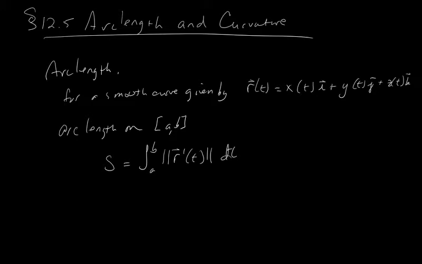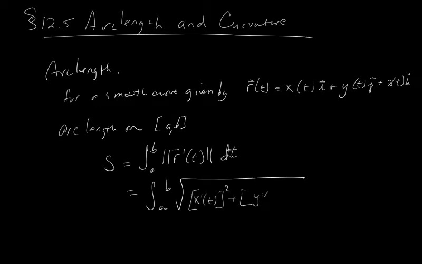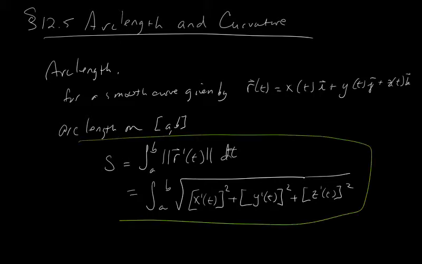So that is equal to the integral from a to b of the square root of x prime of t squared plus y prime of t squared plus z prime of t squared dt. Let's put a box around that because that is our formula for arc length.